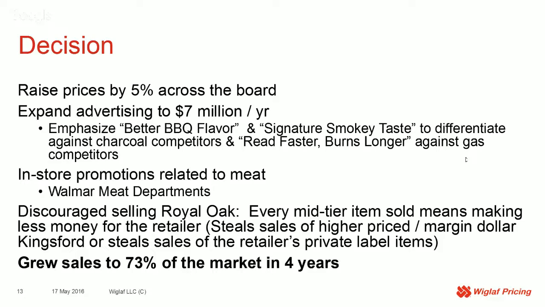The results, they grew their sales to 73% of the market within 4 years. And they hit their revenue targets. So this is a great example of a company that instead of responding to a soft market by putting out lots of coupons and discounts, said, no, let's look at how we're perceived.